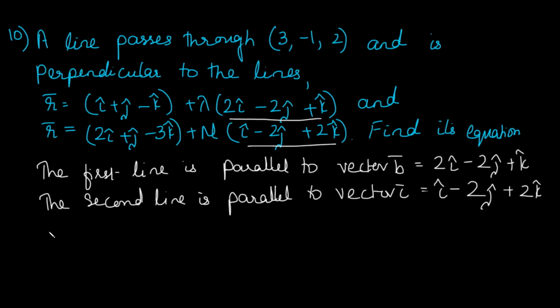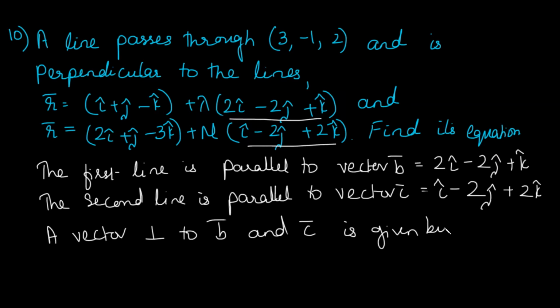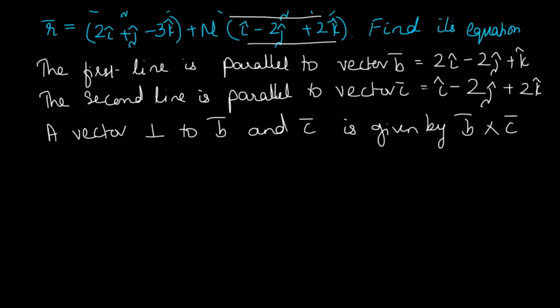Now, a vector which is perpendicular to both B and C is given by their cross product, B cross C. Here we find what B cross C is.